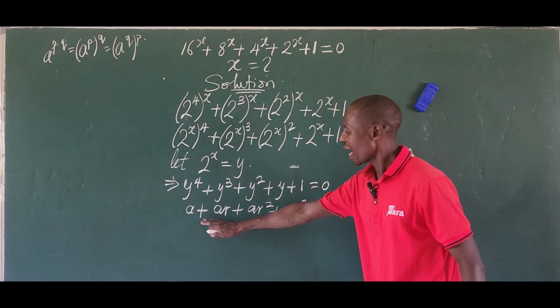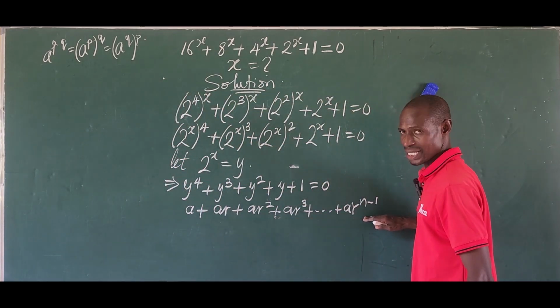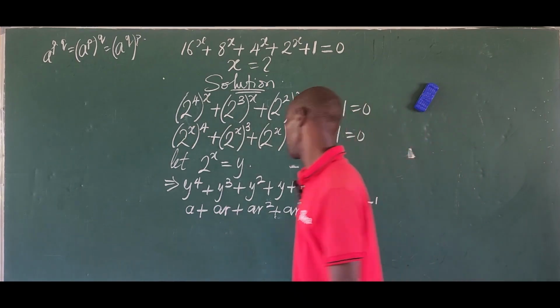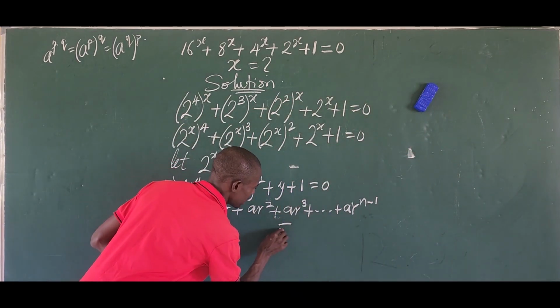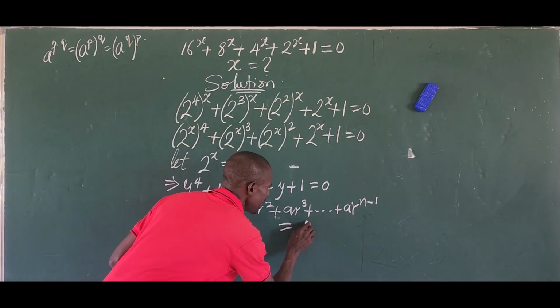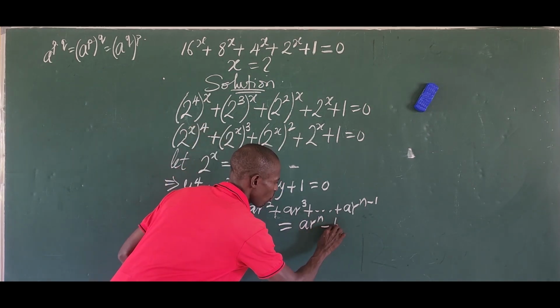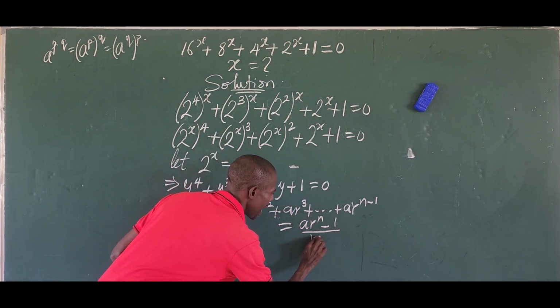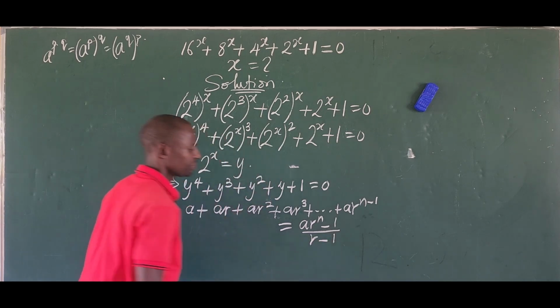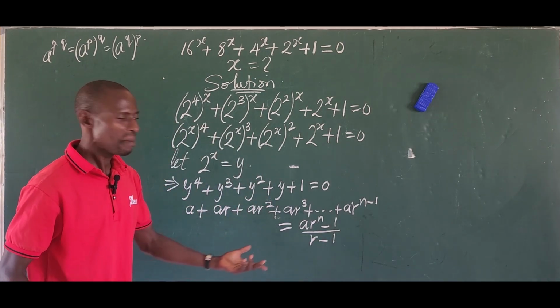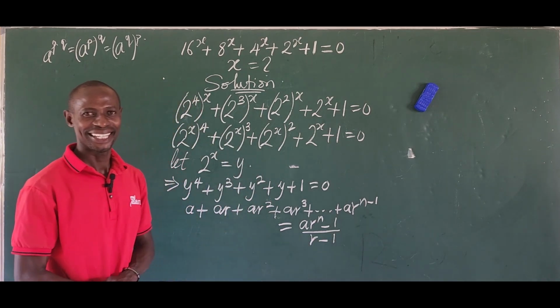Good. So this expression will now be equal to what? We can take this to be equal to a times r to the power of n minus 1 all over r minus 1. Wow. Remember this expression? Good.